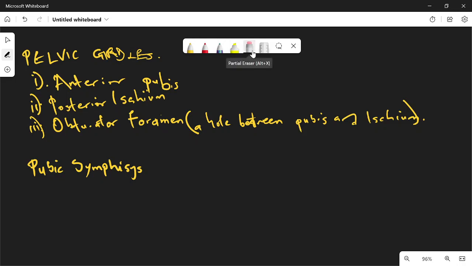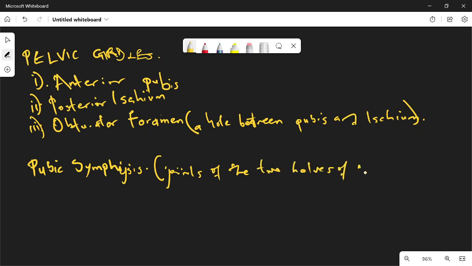The pubic symphysis, that is the joint of the two halves of the pelvic girdle.